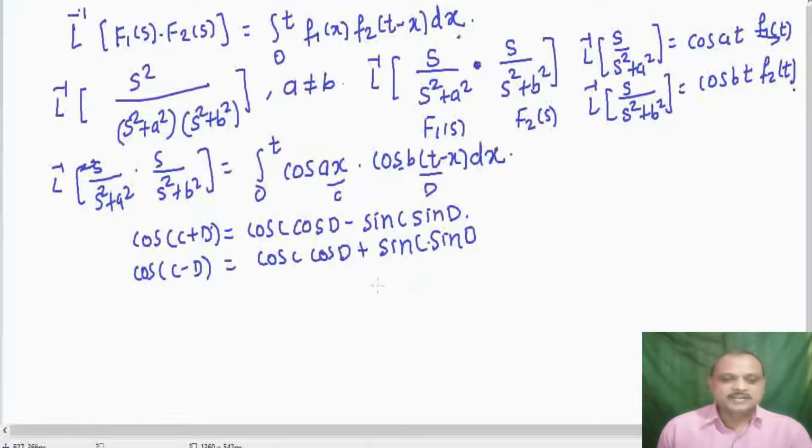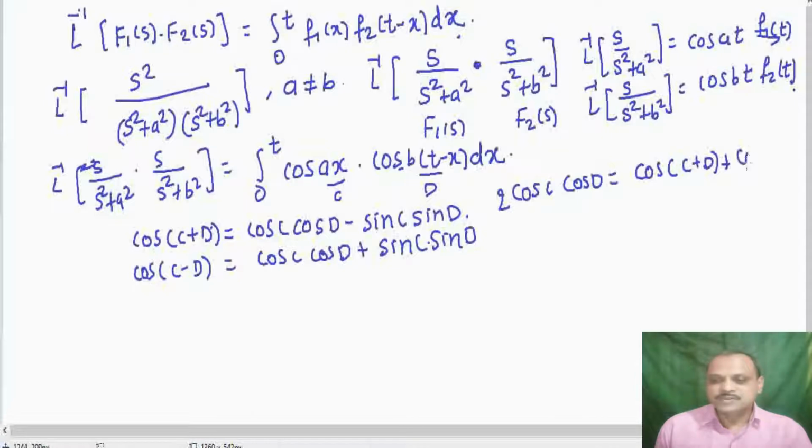Now if we add these, the sine term gets cancelled and we get twice cos c cos d equals cos of (c plus d) plus cos of (c minus d), so cos c into cos d equals 1 by 2 into cos of (c plus d) plus cos of (c minus d).